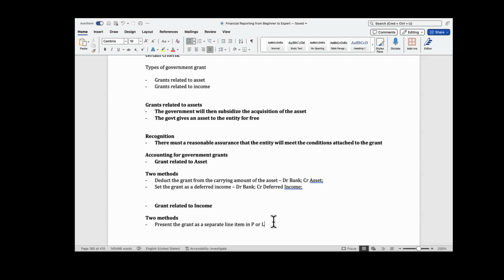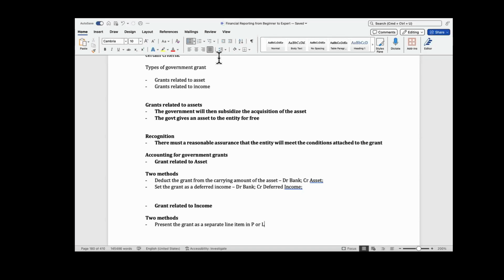If you have already met the condition in the past, and the government says, we want to compensate you, to refund you for the money you have spent, such grant is going to be recognized immediately to P&L.